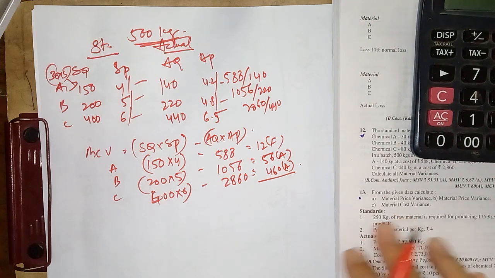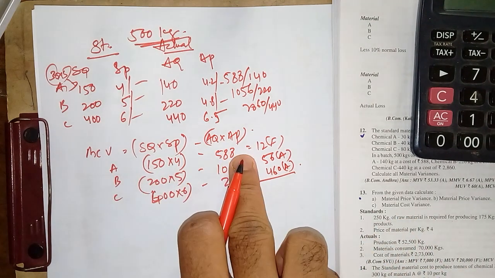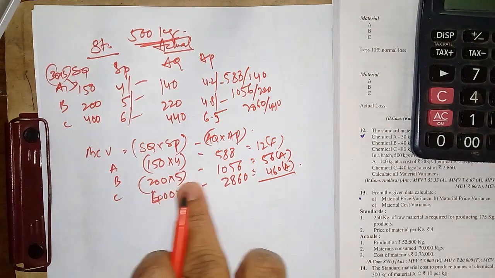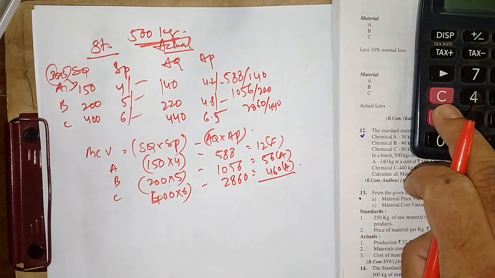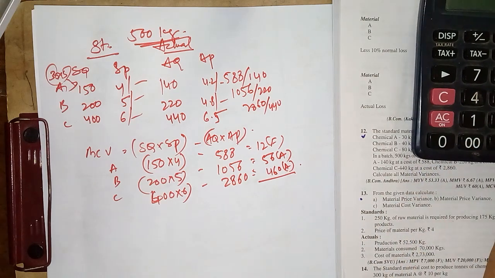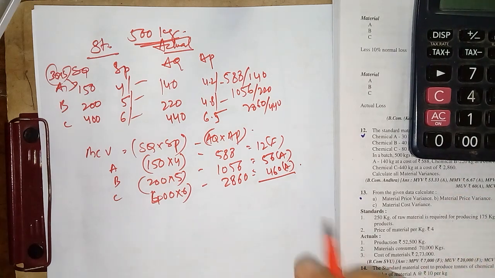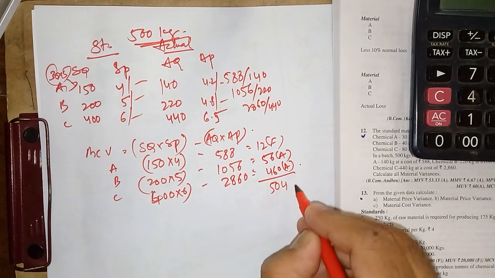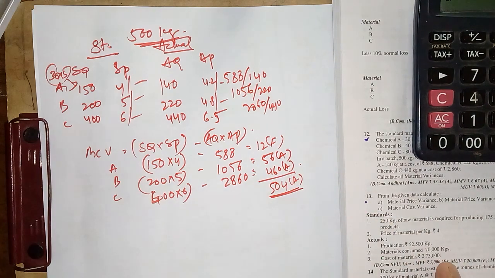So first one is favorable, second one is adverse, and third one is also adverse. Then make the summation: 460 plus 56 minus 12. So this is 504A, adverse. This is the MCV we got.